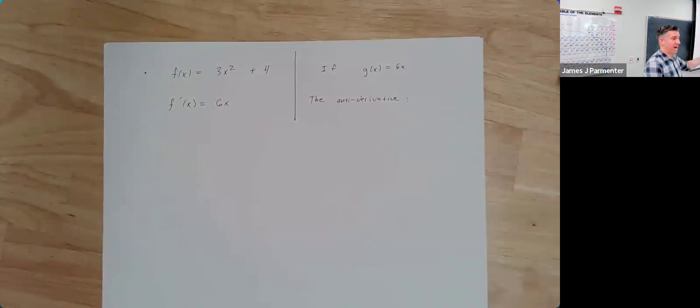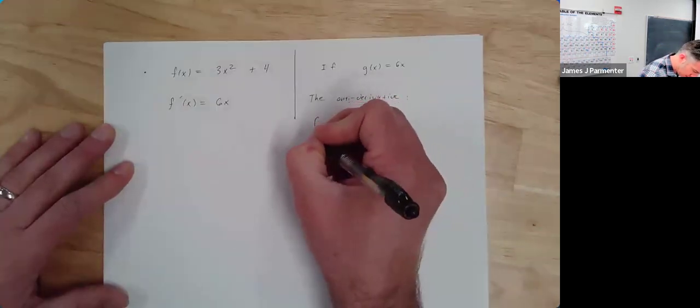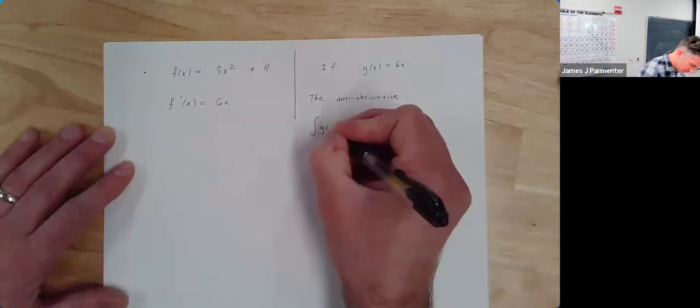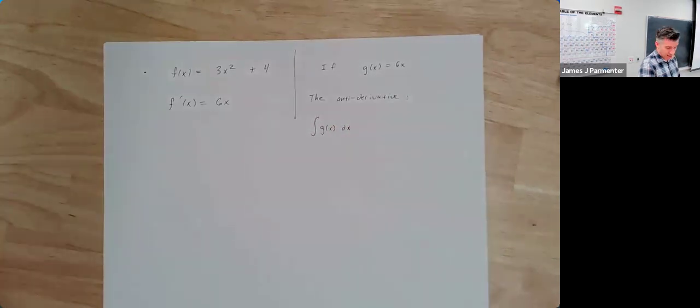We can write it as capital G of x, an accepted notation for an antiderivative, or you can write it as the integral symbol of g of x dx. We're literally going to undo the derivative. So when I say antiderivative, I'm really just thinking of, I need to find the function whose derivative is equal to 6x.